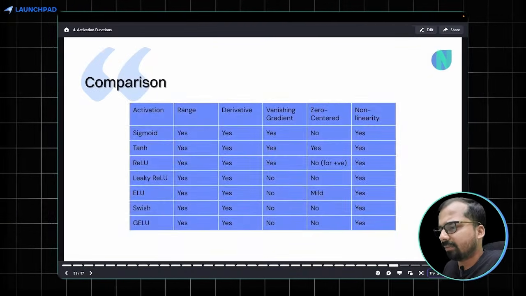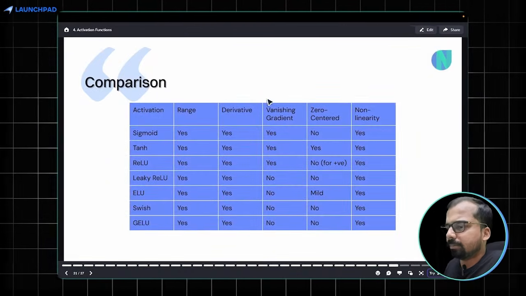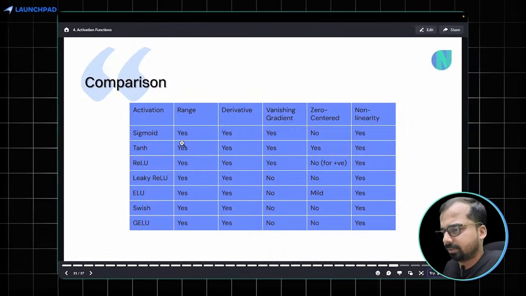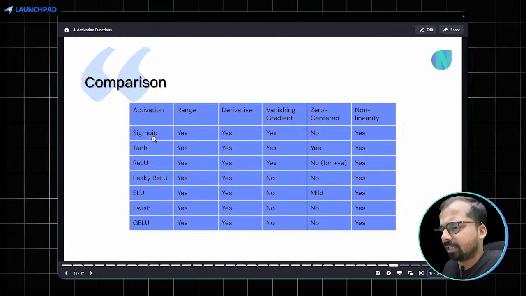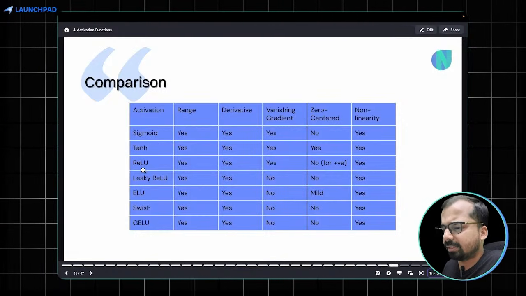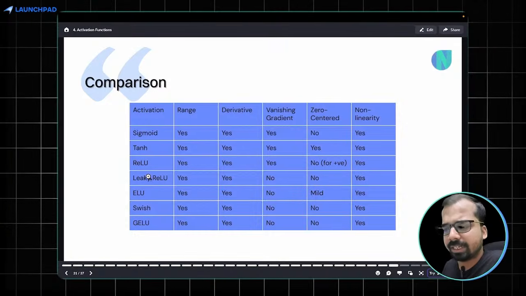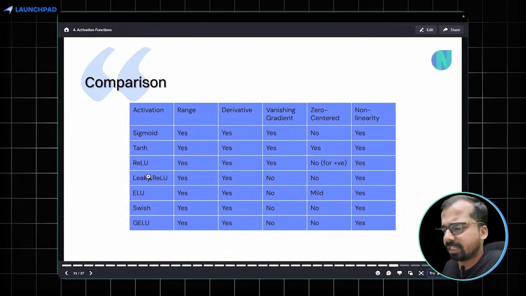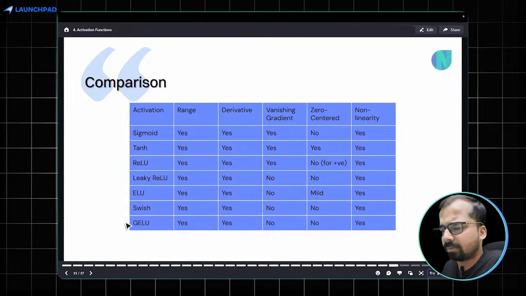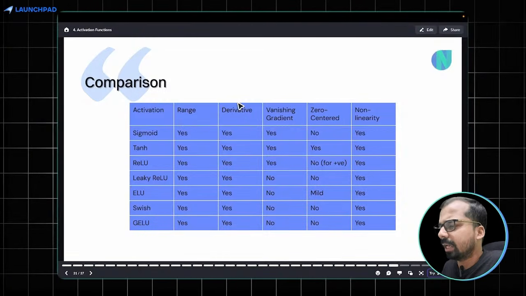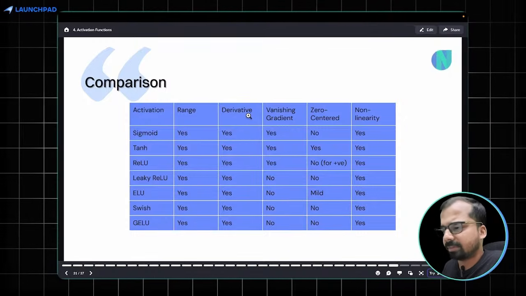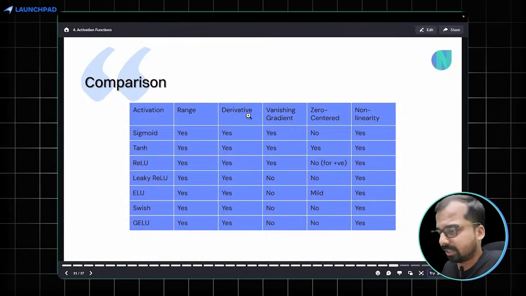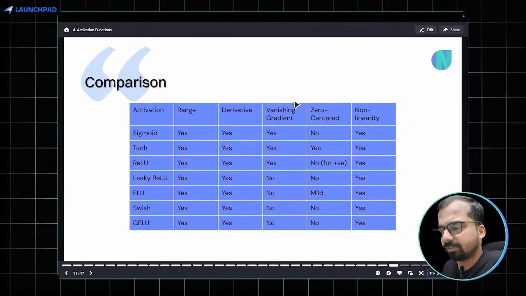Now here we have a comparison table for all the activation functions. The famous activation functions that are generally asked in interviews are sigmoid, tanh, ReLU and leaky ReLU. And if you have mentioned transformers on the resume, then probably GELU might be asked. Here we have whether it has a fixed range, whether it is differentiable, and does it suffer from vanishing gradient?